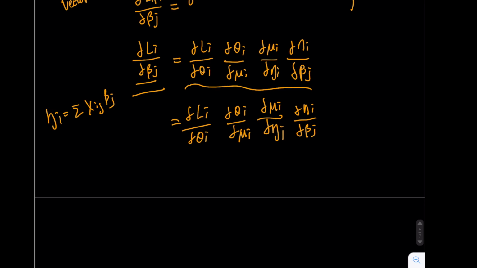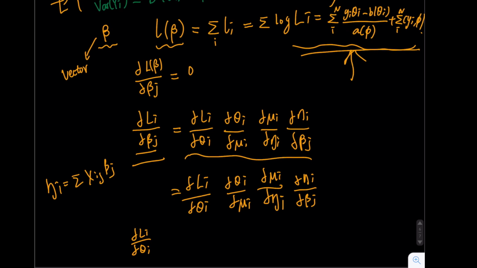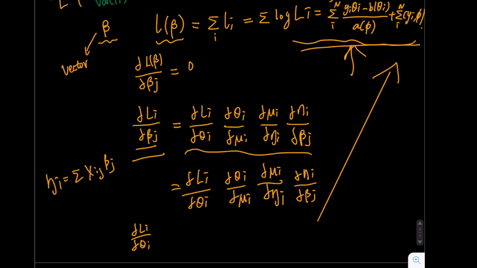Now let's do it part by part. For the dL_i d theta i part, we are just going to take the derivative with respect to theta i from this L(beta), and that should be fairly easy to do. We will have (y_i minus b prime theta i) divided by a(phi). a(phi) is a constant with respect to theta i.